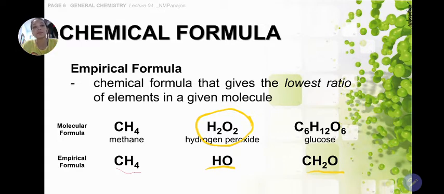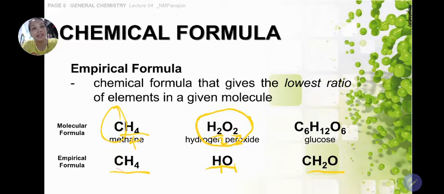For example, since this is CH4, if you divide this by 4, since 4 yung present, so hindi natin pwedeng i-divide yung C kasi wala naman siyang subscript na number. So, as is yung empirical formula niya. While, dito sa H2O2, kapag dinivide natin siya by 2, pareho, we will get 1. So, 1 atom of hydrogen and 1 atom of oxygen.